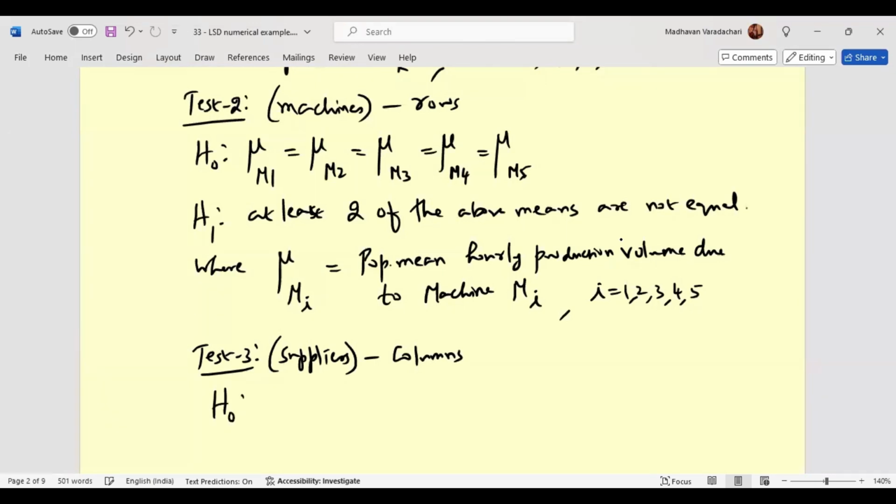Here again, H0 mu suffix S1 will be the same as mu suffix S2. Means there is no significant difference between the hourly production volume due to any of the supplier, due to any of the 5 suppliers.